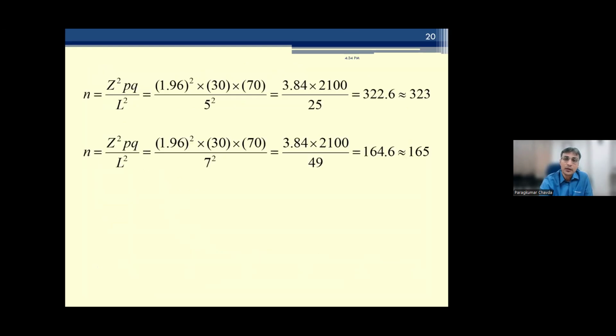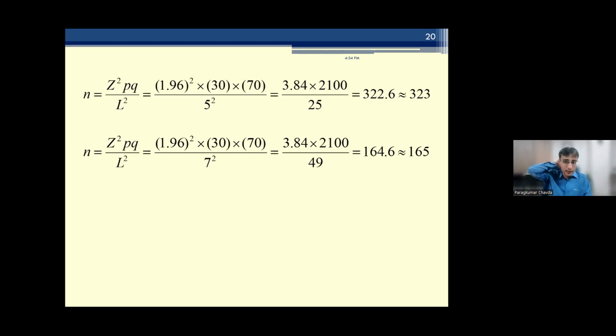But with 323 as the sample size, if my study reports a prevalence of 29%, my range of confidence within which I would say the actual true value lies is a little wider, between minus and plus 5%, which is between 24% to, say, 34%. If I could study only 165 children, the range would be even wider, anywhere between 22% to, say, 36%.